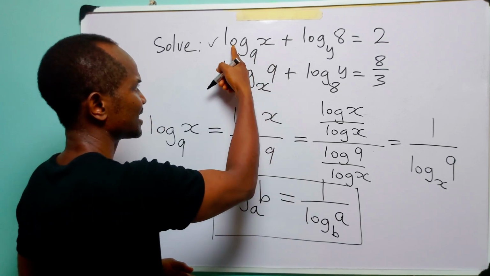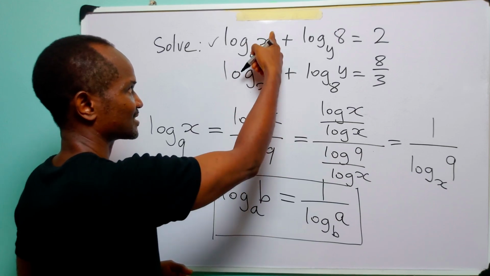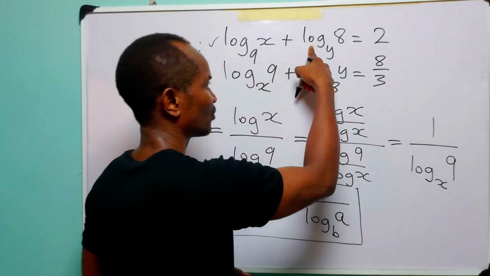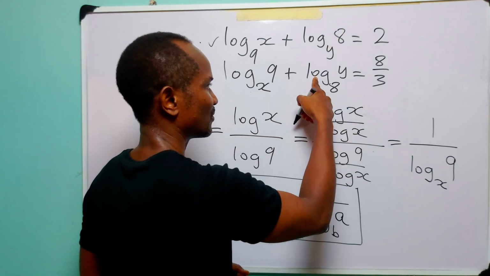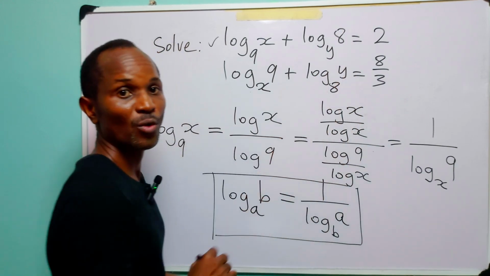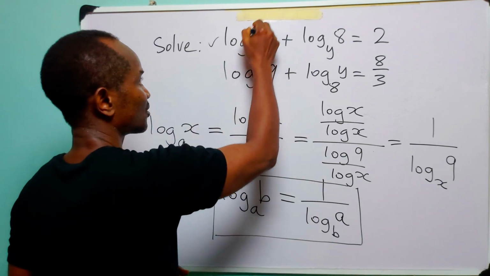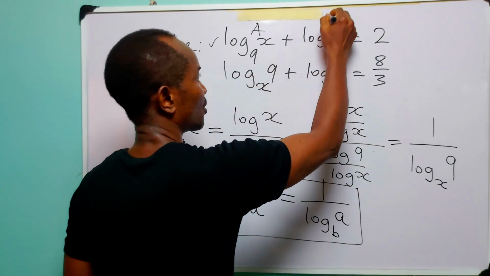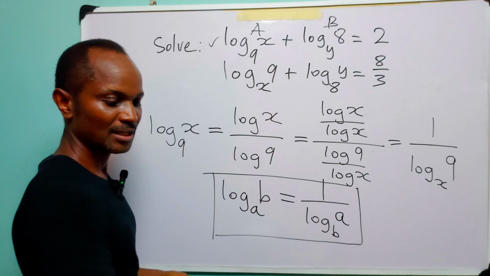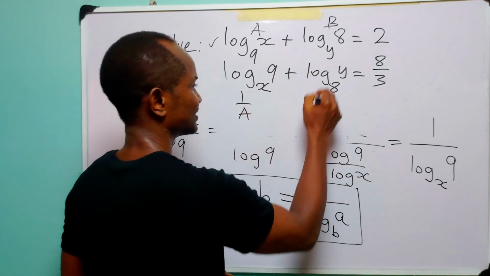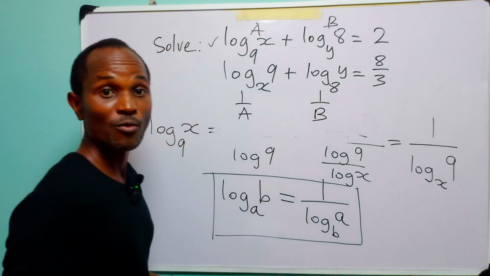Because when you look, you can see that we have log to base 9 of x. And here we have log to base x of 9. Here we have log to base y of 8. And here we have log to base 8 of y. So that simply means that, for instance, if we decide to call this a and to call this b, then this is going to be 1 over a and this is going to be 1 over b.